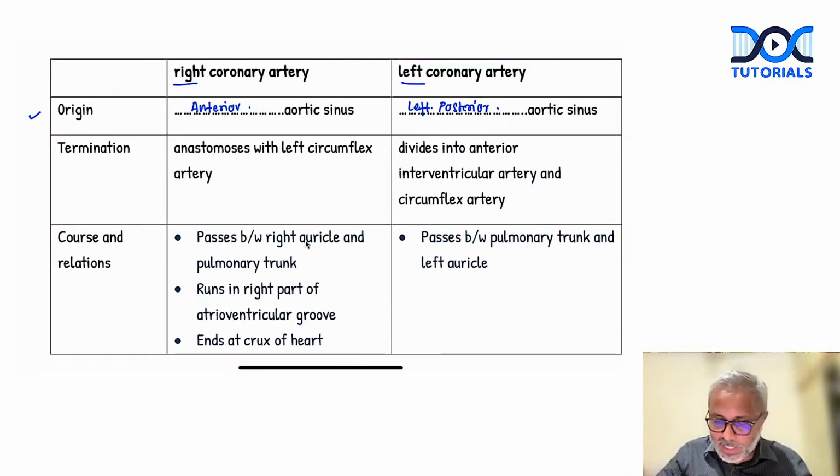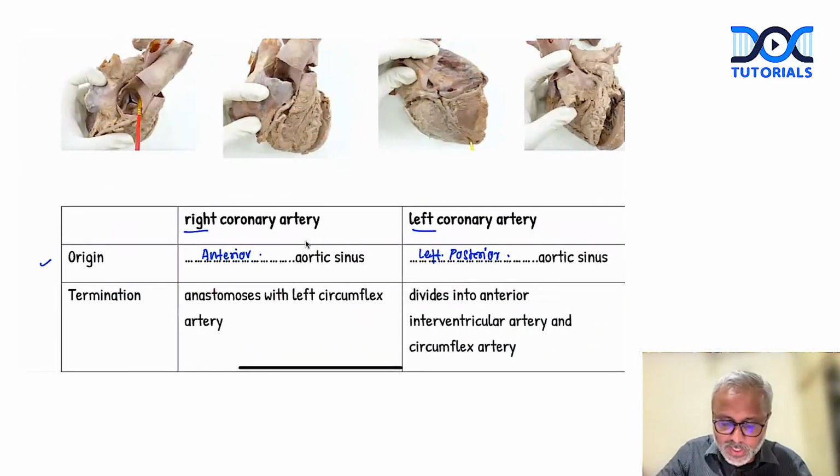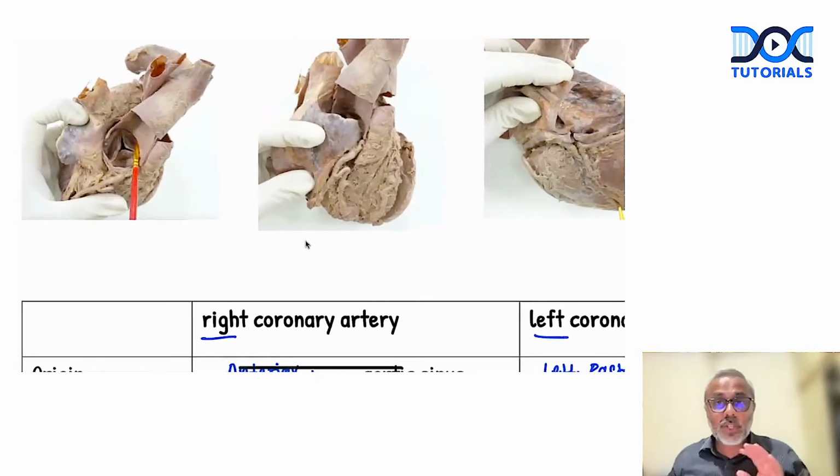Once we have learnt it, let's take a look at what exactly these sinuses mean. What we have here is the ascending aorta, which has been cut to show the sinuses. This is the aortic sinus. So here we have the anterior aortic sinus, which gives rise to the right coronary artery, and the left posterior aortic sinus, which gives origin to the left coronary artery.